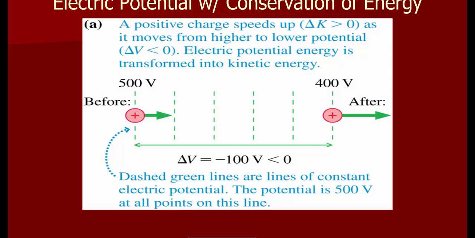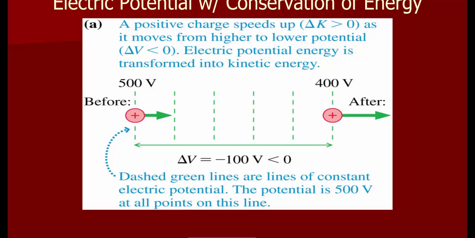So here, what are we talking about? We have a positive charge that speeds up, positive delta K. Here we have a 500 volt line, and you can take 500, then 475, 450, 425, whatever, and its voltage is decreasing. You all see that? So our voltage change is negative 100 volts, going from 500 to 400.